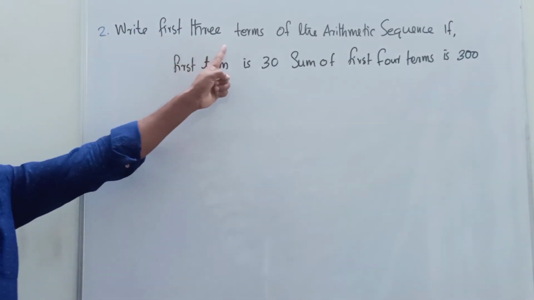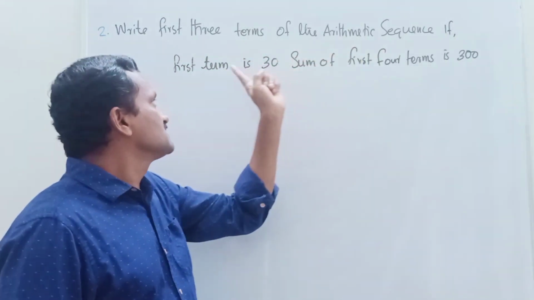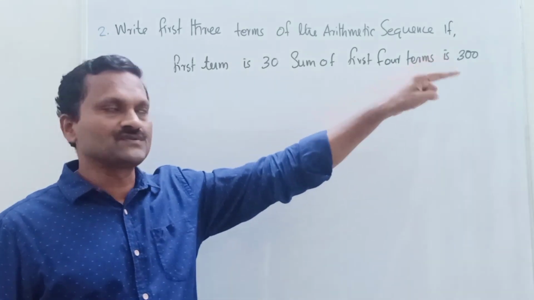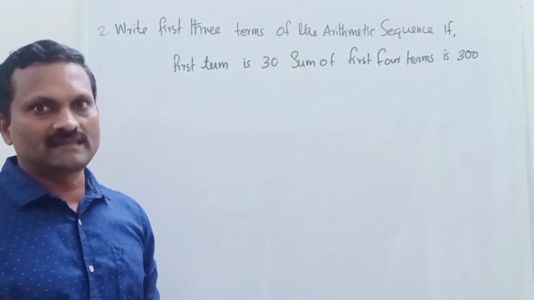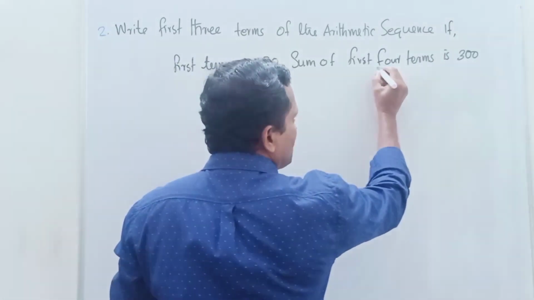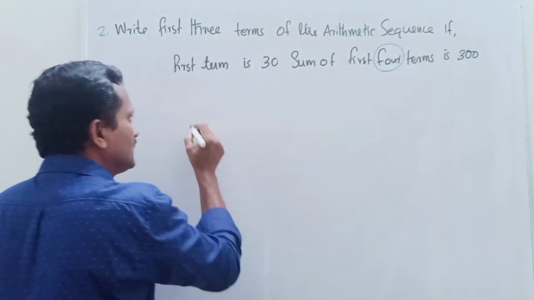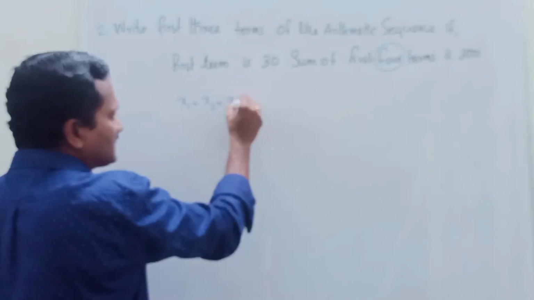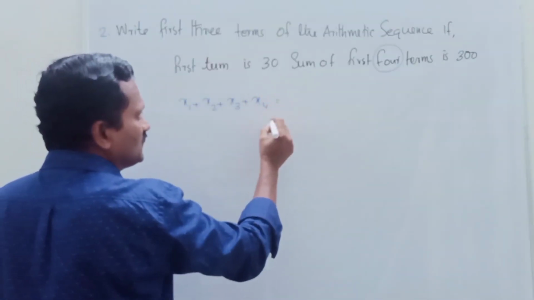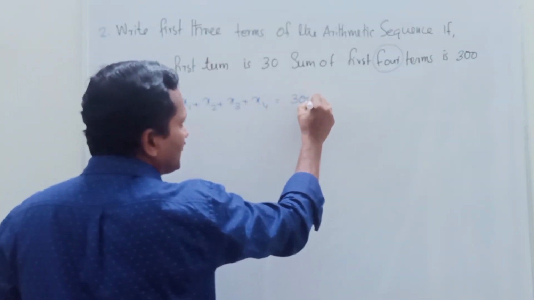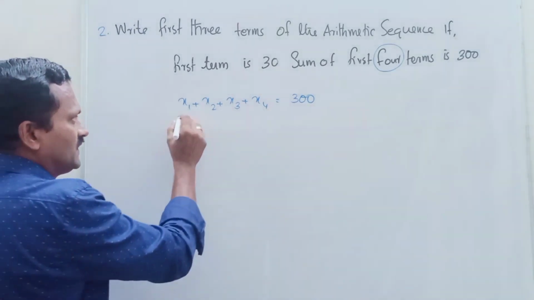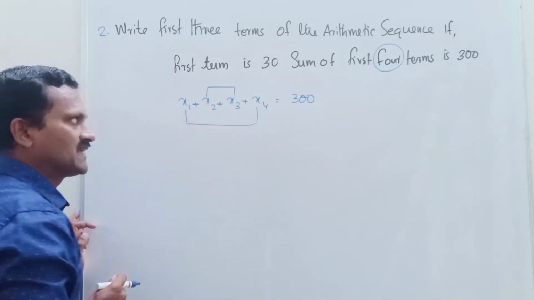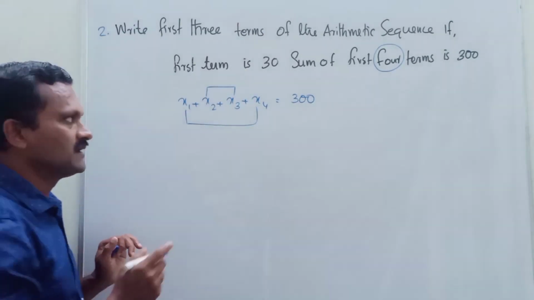Write the first three terms of an arithmetic sequence if the first term is 30 and the sum of the first four terms is 300. Here the sum of the first four terms, that is x1, x2, x3 and x4, equals 300. We know that x1 plus x4 and x2 plus x3 are equal.